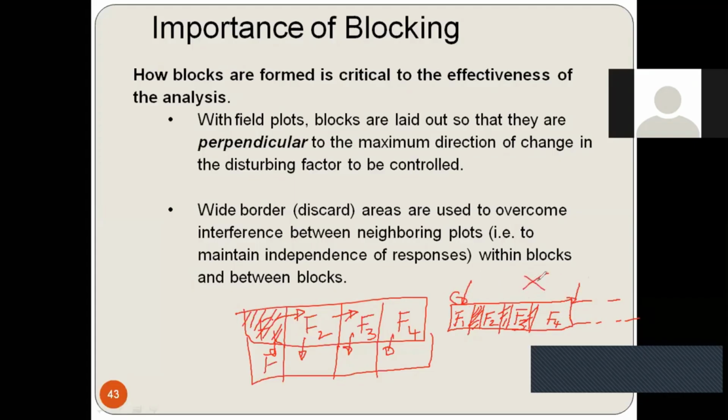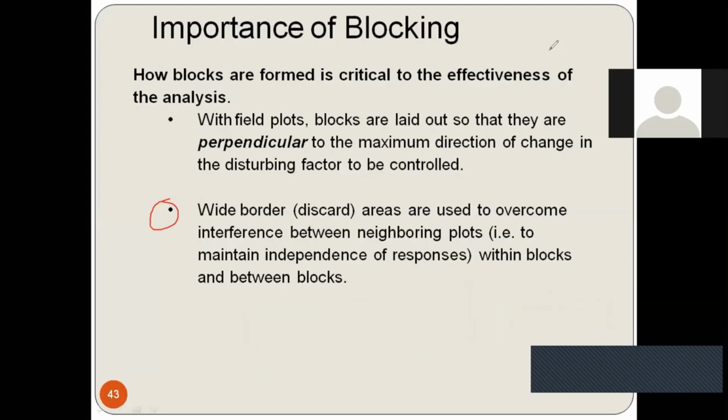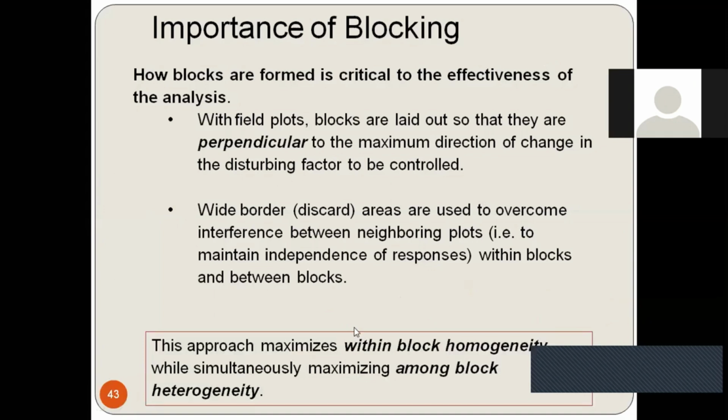So that problem arises, right? To avoid that, we can talk about the blocking concept. Don't forget this important phrase.